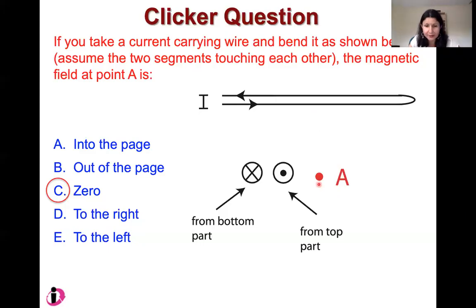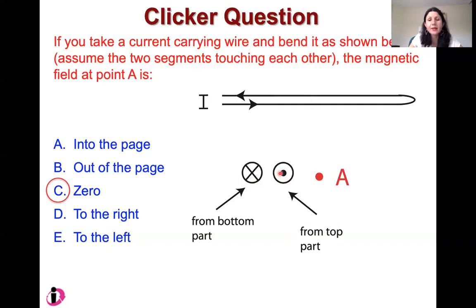Now, as an additional thought process, imagine they weren't touching and imagine this distance was significant. What would that tell us? That would tell us that the contribution of the magnetic field from the top, the one that goes out of the board, would be smaller because point A would be farther away from the top segment compared to the bottom segment.